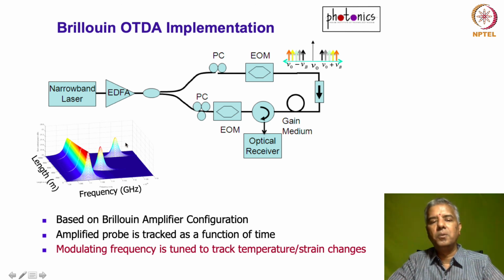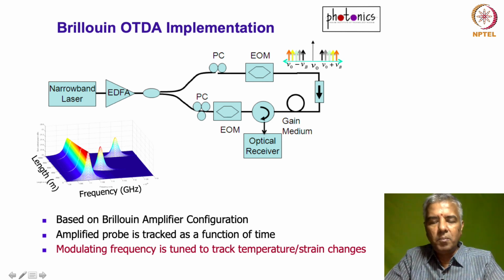So by looking at the shift in the frequency, you figure out the magnitude of the perturbation the fiber is experiencing. This is the concept of Brillouin based distributed fiber sensors, and it is useful for both strain as well as temperature sensing.